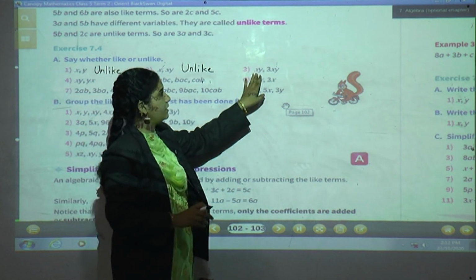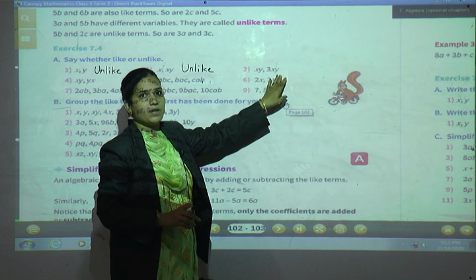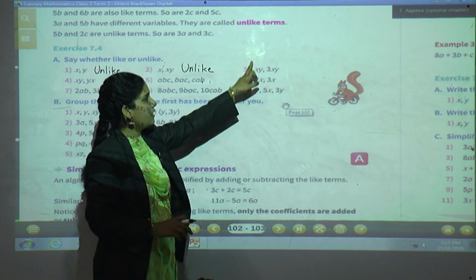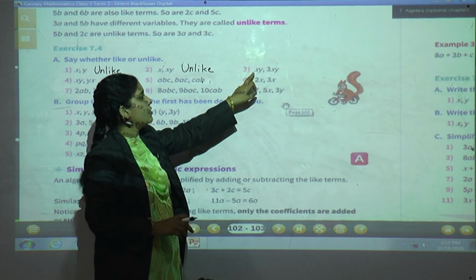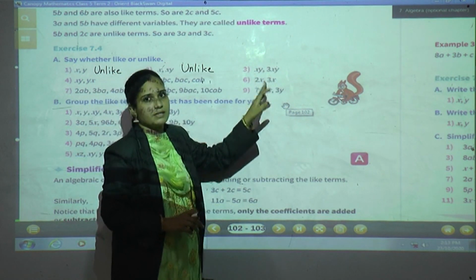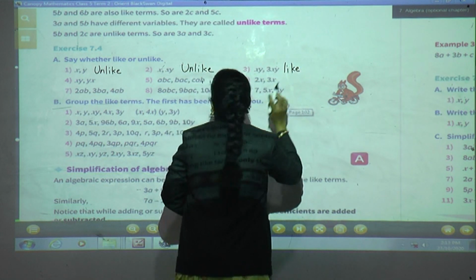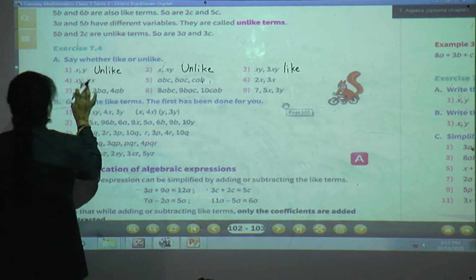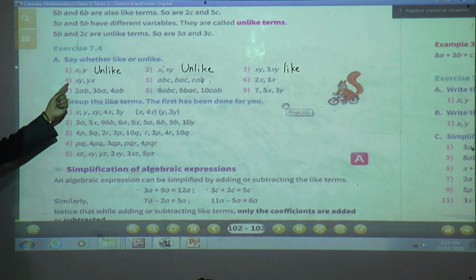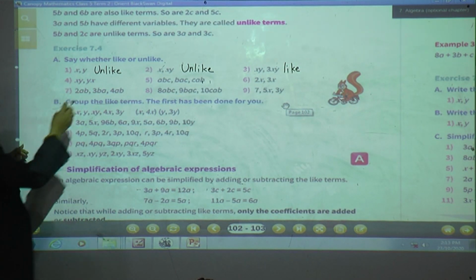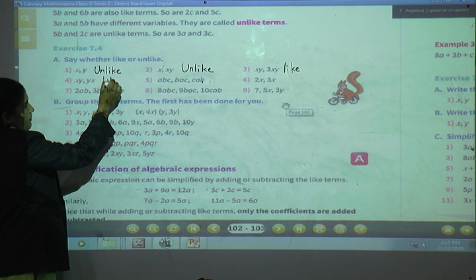And for xy and 3xy, here only coefficients are different. Here nothing means 1 will be there. Okay, but the variables are same, so that's why they are like terms. And for xy and yx, see, xy and yx are the same terms, so that's why they are like.